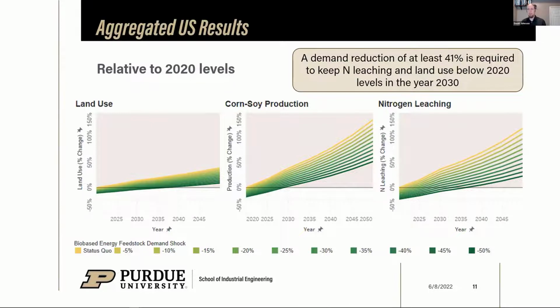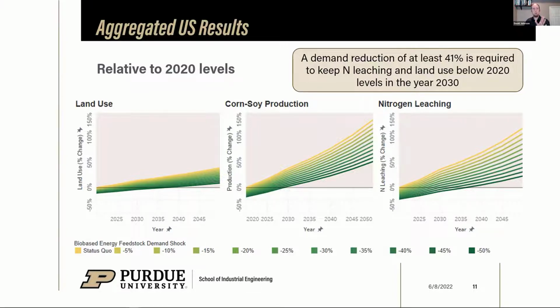So again, the estimates in the literature of what the demand reduction would actually be in response to full repeal of the RFS2 policy, some estimates are that demand would be reduced by less than these 24 and 41%. Some other estimates are that demand would be reduced by more than that, or would have been if RFS2 had been repealed a number of years ago.